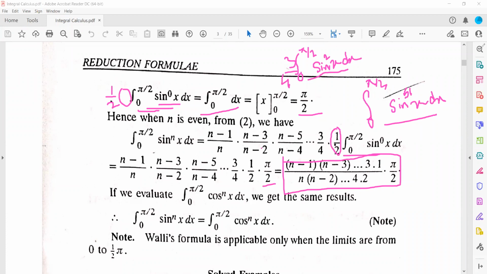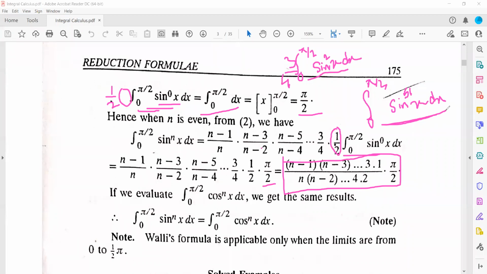But if you use the Wallis formula, it becomes very easy for you to get the value of this integration. So that's the beauty of this Wallis formula. Even a very complicated integration, like this type of integration, can be solved using Wallis formula.